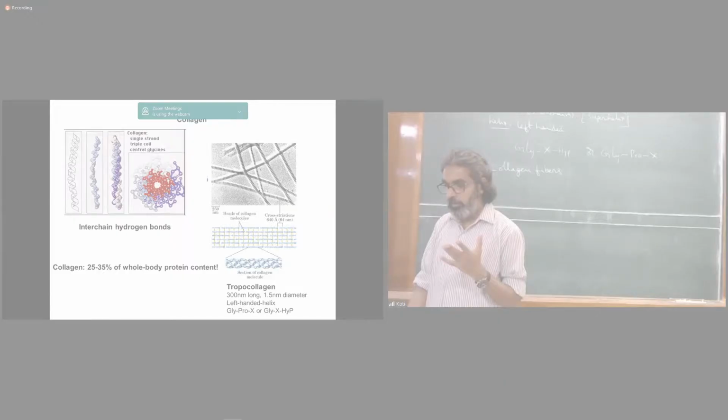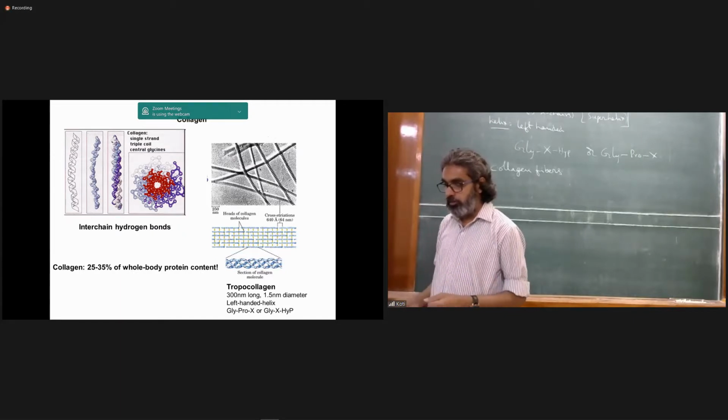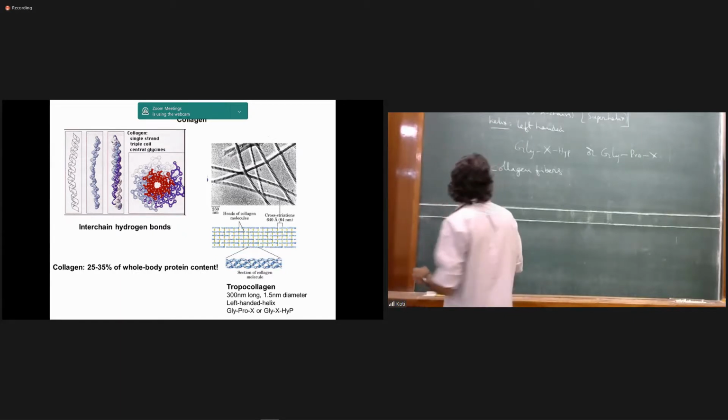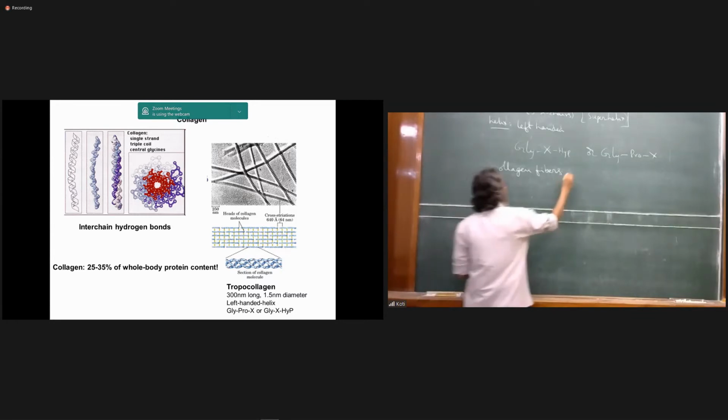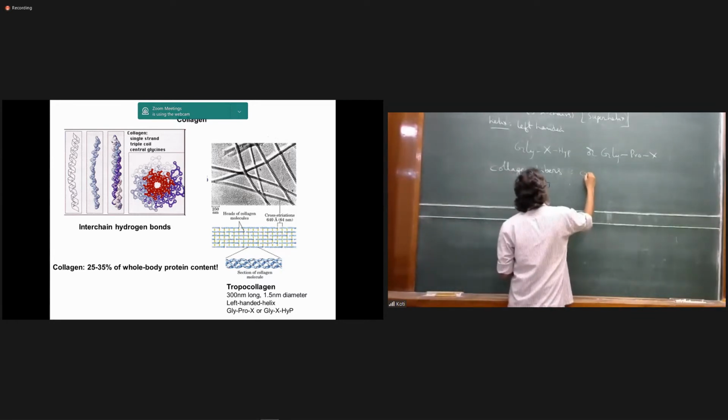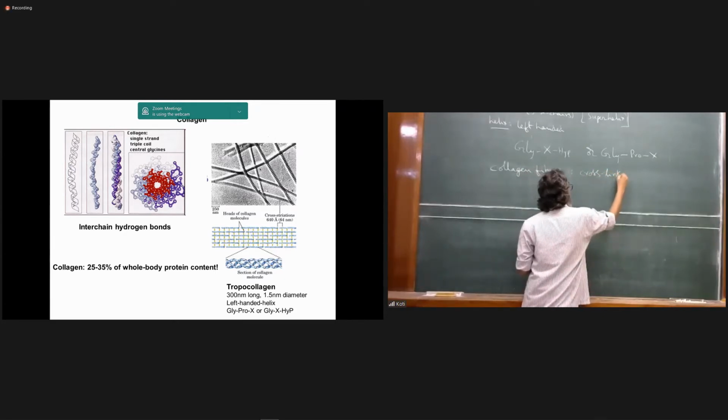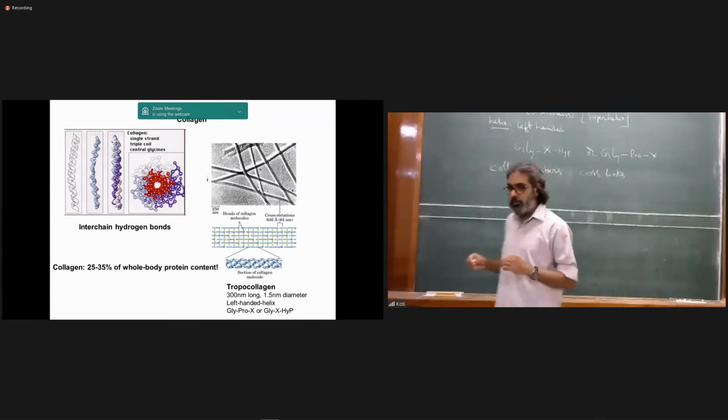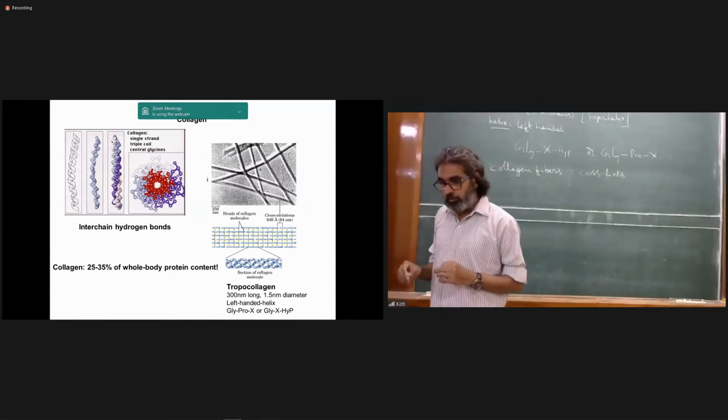So now individual collagen triple helices are bonded to each other through cross links, and there are rigid cross links between triple helices. So what are these cross links?